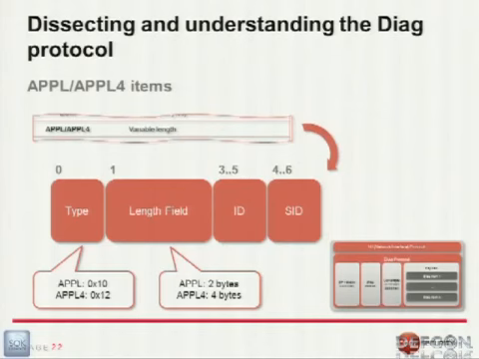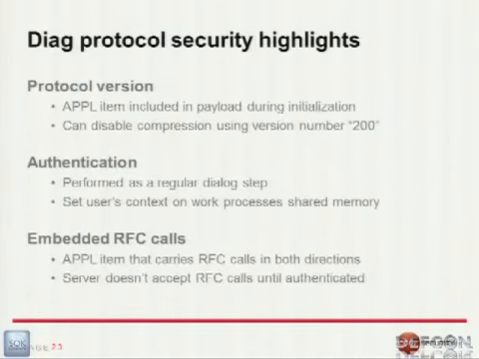also interesting. So there are some highlights, or some things that I found interesting during my research. The first one is that one of the APPL items that must be included during the initialization is the protocol version.